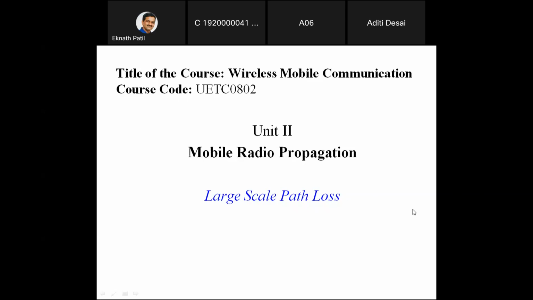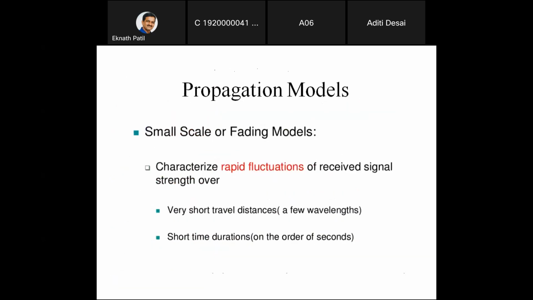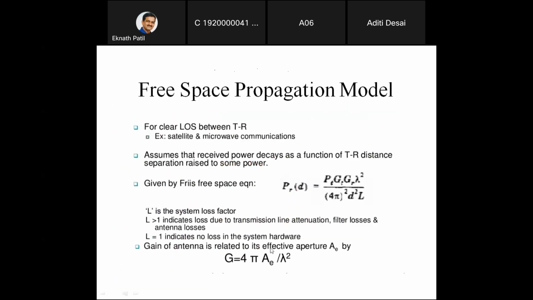How much is the loss, and what different things come into the picture? And as usual, we know the Friis formula, which is the basic thing used for calculations, and many different models have also been found out, and we have discussed these models.